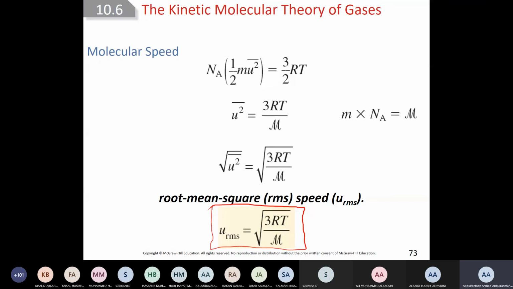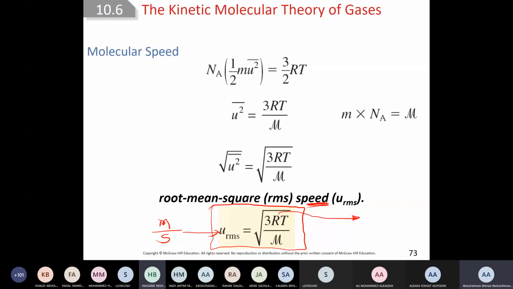The root mean square is equal to the square root of 3RT over M. Since it's speed, what's the SI unit for speed? Meter per second, exactly. What's the unit for R, since it's energy?